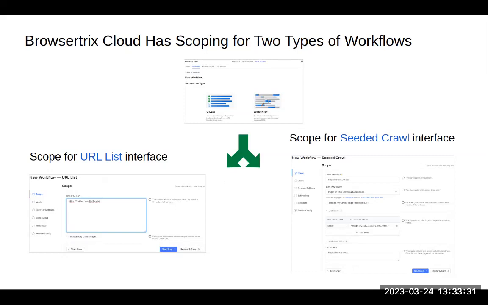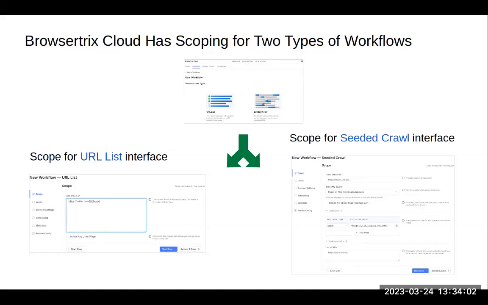There's a seeded crawl scope interface as well, and there you put in a URL, say if you want it to be the domain and subdomains or the path, or additional scoping for that start URL. Again, you can do linked pages. You can also exclude URLs by patterns, and you can adjust this as the crawl is running, which is a nice feature. And you can also add a list of URLs there where it doesn't recursively crawl, but we'll get just those documents.